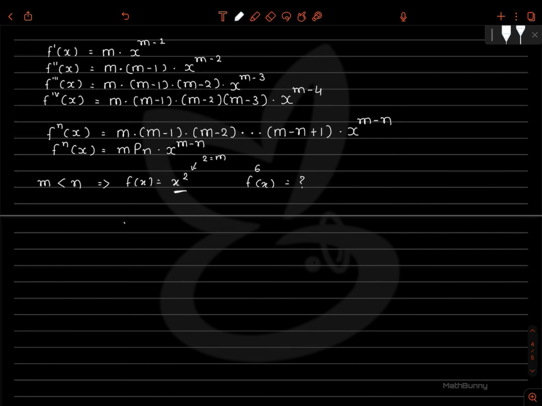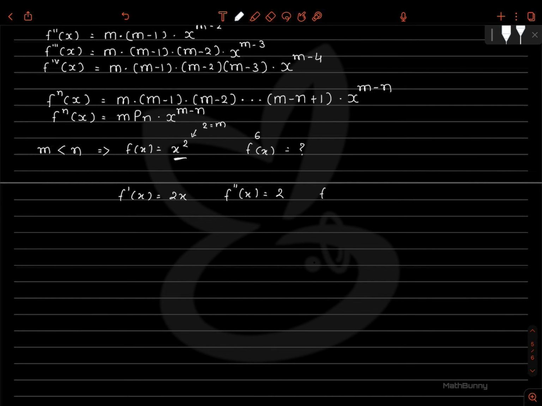For the first derivative, we will get f dash of x is equal to 2x. For the second derivative, f double dash of x would be equal to 2. And for each successive derivative, the answer would be 0, because the answer becomes constant.